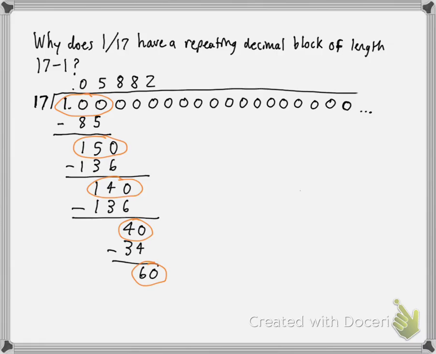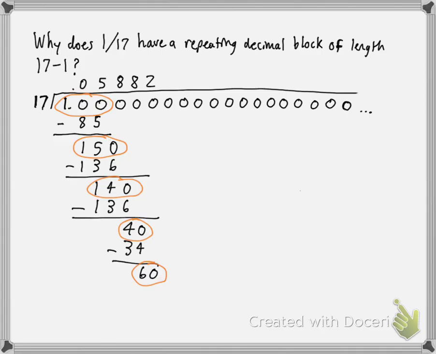Mathematically, we notice a pattern here. We should expect to run into a 10, 20, 30, 40, 50, 60, 70, 80, 90, 100, 110, 120, 130, 140, 150, 160 along the way until we get a repetition. So that's what's going to happen with all these multiples of 10. You're going to get multiples of 10 from 10 all the way up to 160 along the way.